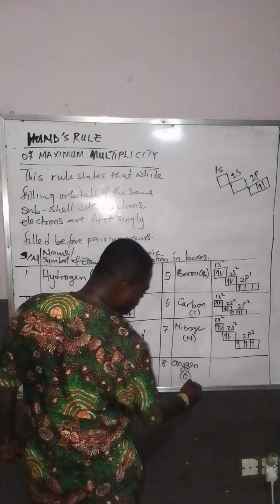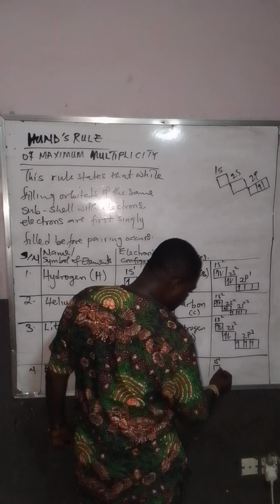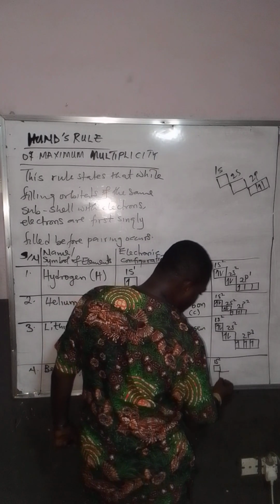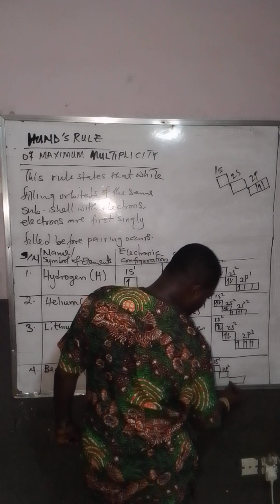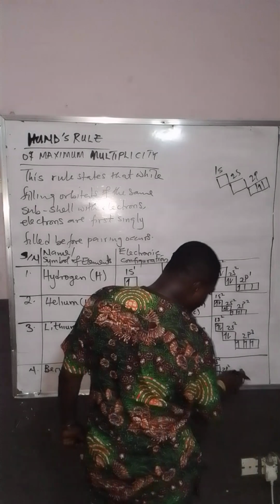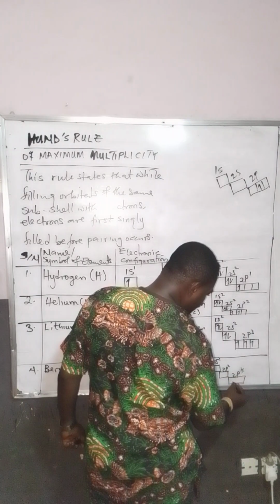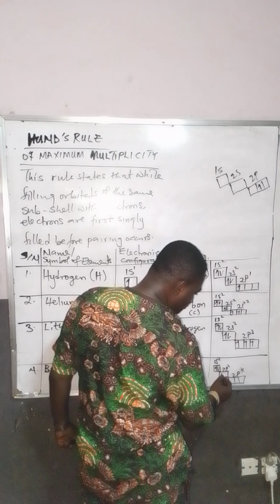Oxygen, O. So we have 1s2, 2s2, 2p4. This one has business with Hund's rule.